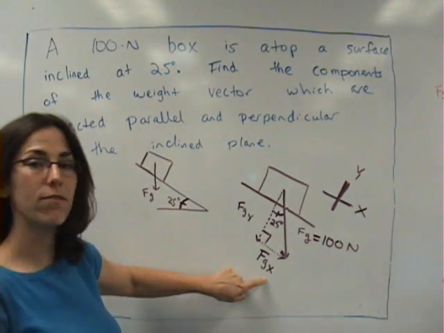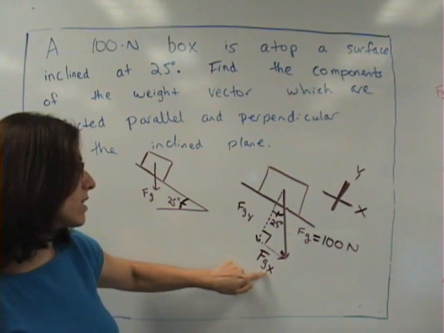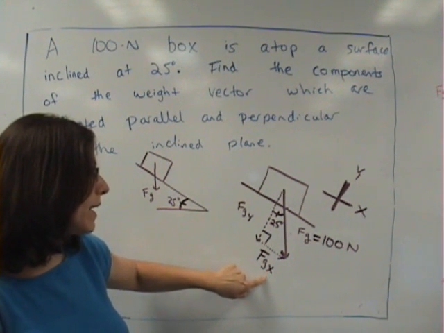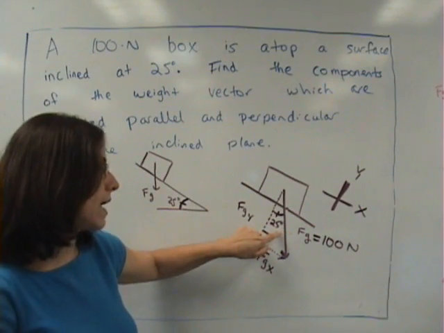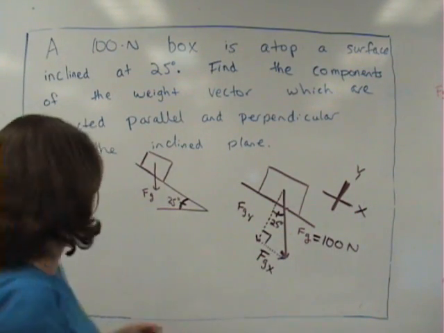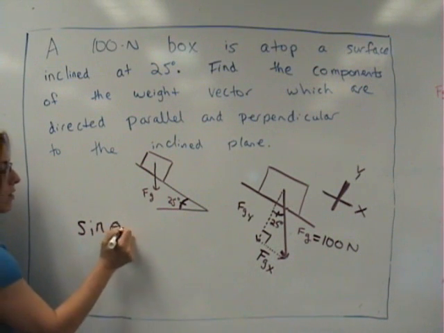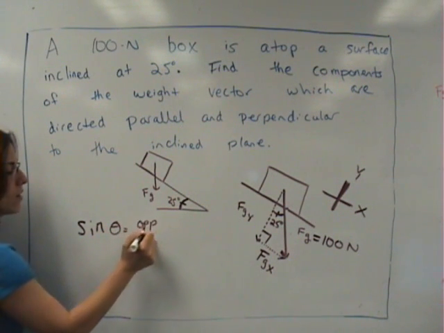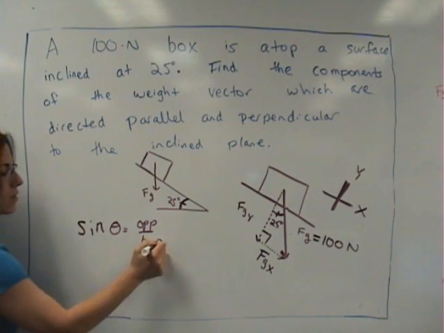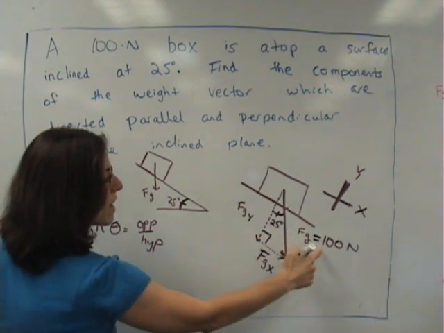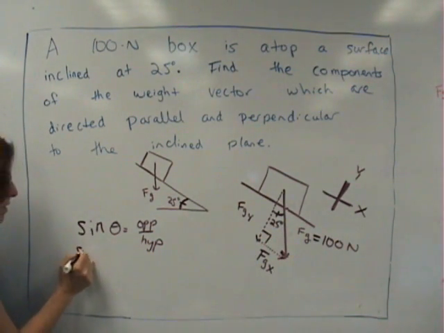So let's solve for F, force of gravity, in the x direction. That's my opposite side. And I know my hypotenuse and an angle, so I'm going to use sine to solve for that. Sine of an angle is opposite over hypotenuse. The angle is 25, the hypotenuse is 100.